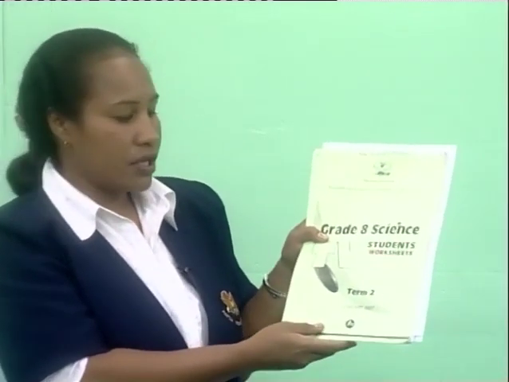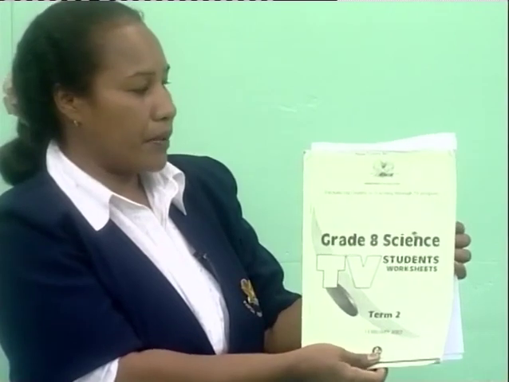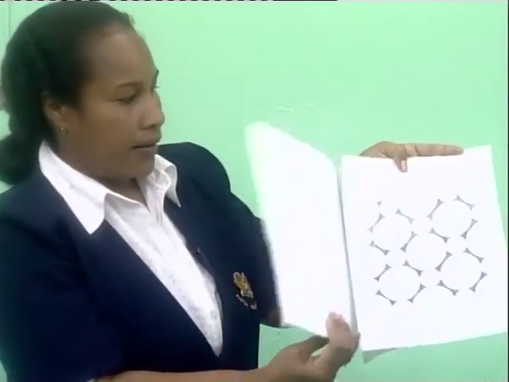All right. Class, in today's lesson, we are going to make a model of a sodium chloride crystal. In our previous lesson, for the schools that have received their workbook, receiving students, you will make your model from these two sheets of paper at the back.